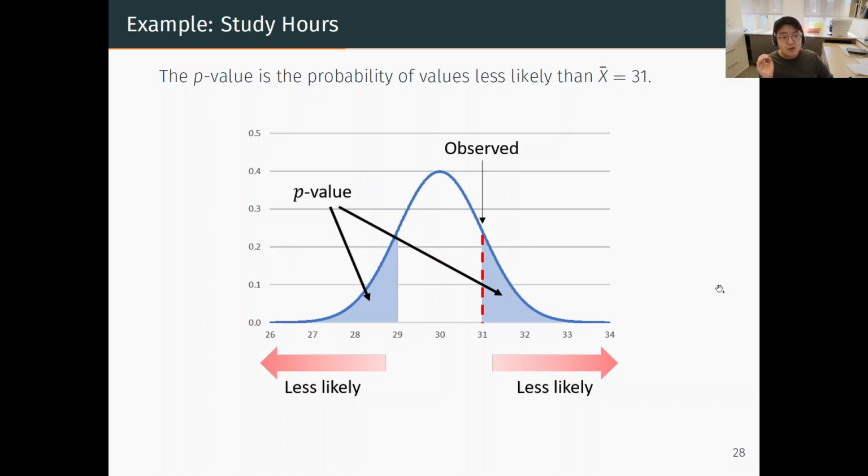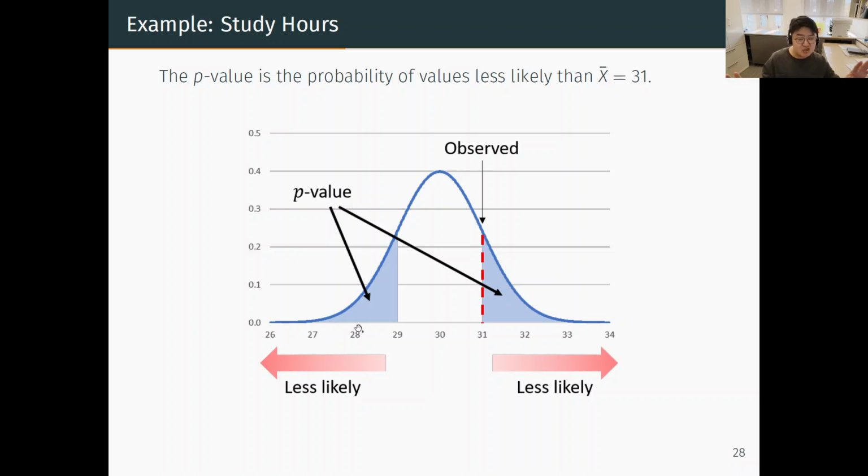So what outcomes are more suspicious than our observation? Anything more distant from the hypothesis, anything further away from 30, which is my hypothesis. So all these outcomes, 32, 33, 34, are more different from my hypothesis. But at the same time, you have to think about this. So I observed 31. How can I compare with, for example, 28?